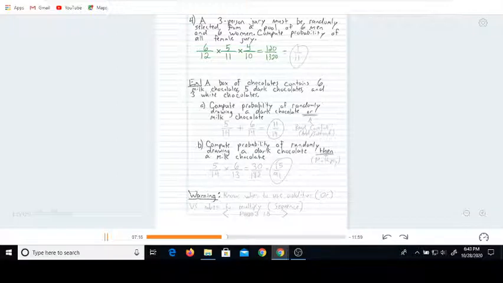We'll reduce that down to 1 out of 11. So there's a 1 out of 11 chance that you randomly select an all-female jury in this case.